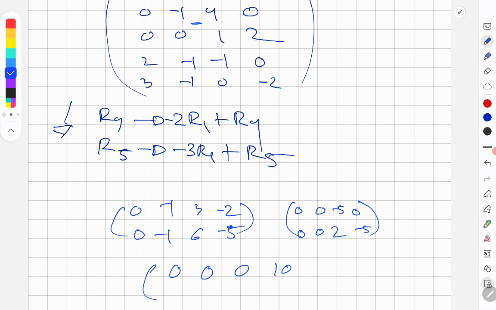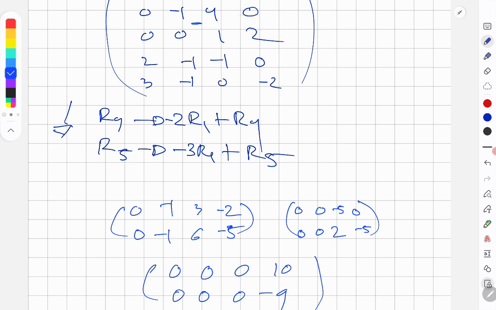And here I am multiplying negative 2 and adding it over here. So 0, 0, 0. Negative 2 times 2 is negative 4, and here you have negative 5. So it's negative 9.